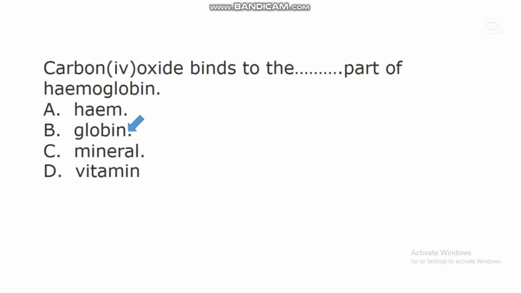Studies have shown that this gas known as carbon 4 oxide binds to the globin part of hemoglobin, and when it binds to this part of hemoglobin, it will now be carried, or distributed or transported in the body tissue in this form.